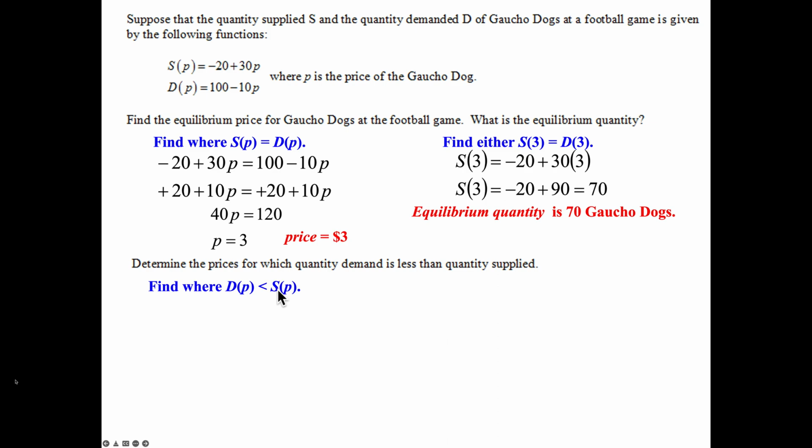All right, now a visual approach is to look at these two functions and make a rough graph. Now we're pretty smart. We know that the constant in a linear function is the y-intercept, and the number multiplied to P, that's the slope.